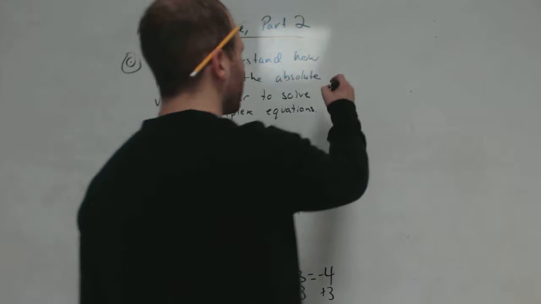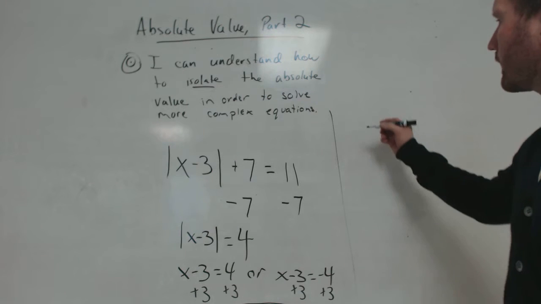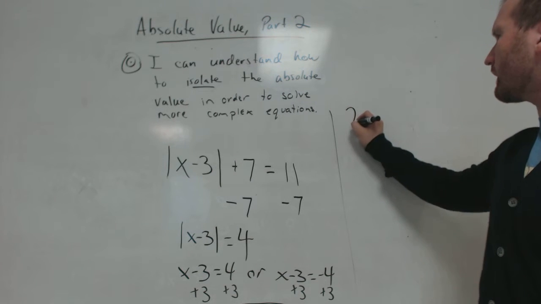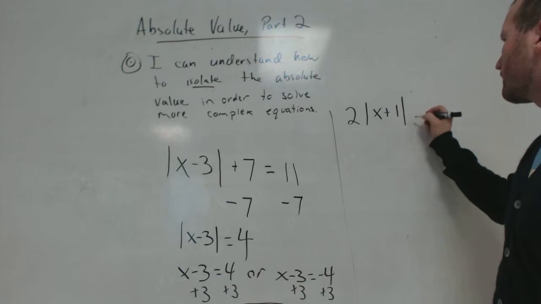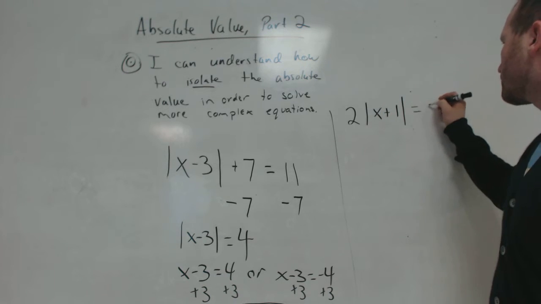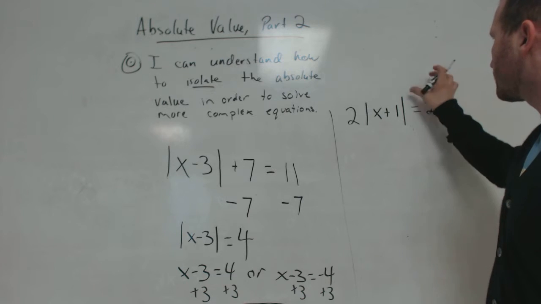Let's do another example over here. Some of you are still writing. So over here, what if we had this? 2 times the absolute value of x plus 1 equals 20.